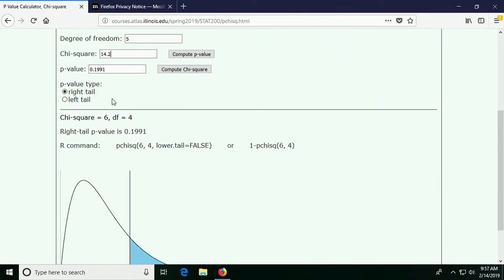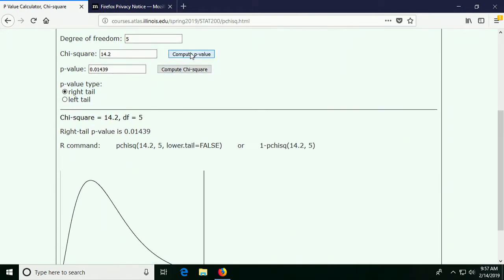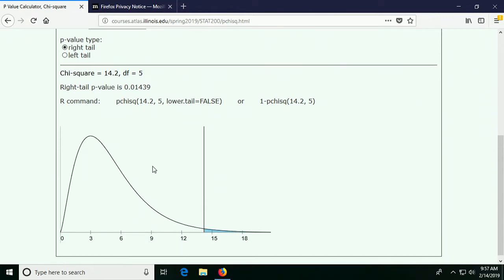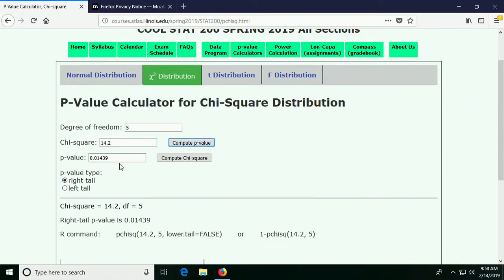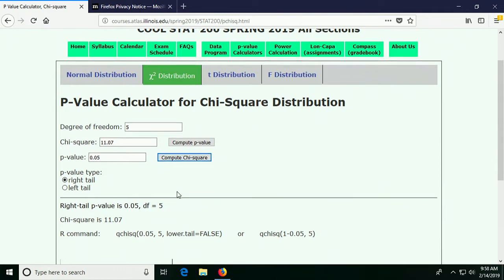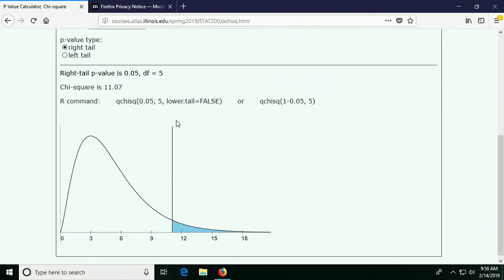Notice there's only a right-hand tail; there's a left-hand tail too. We have 1.439. That is our probability. It looks like this. Now the cutoff for 5%, if you want to see what you need to achieve 5% significance, is 11.07. That's right here.